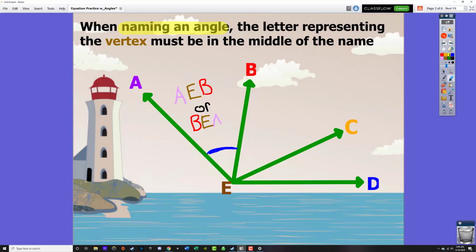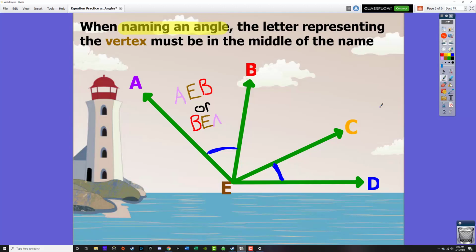And let's move on. Let's do this one down here. So this angle right here. Go ahead and pause the video for a sec and see if you can write down one of the two names that we could name this angle right here.